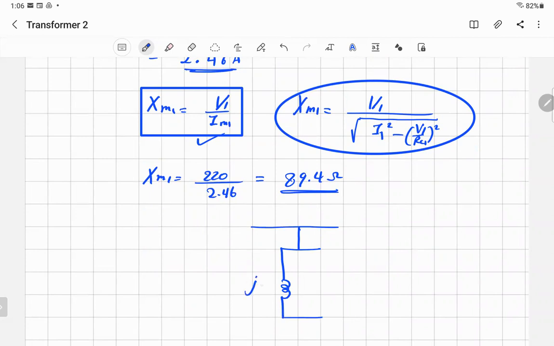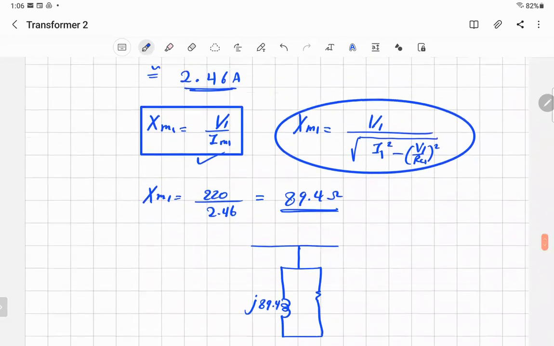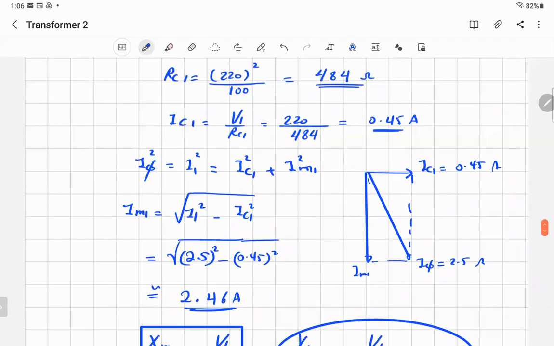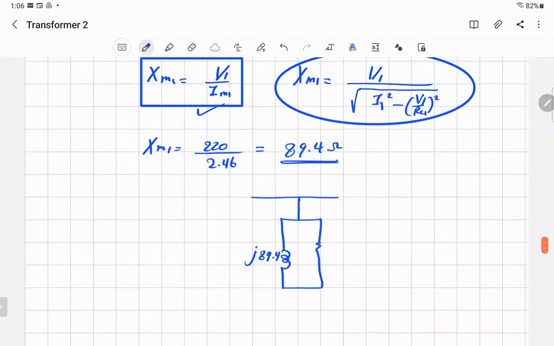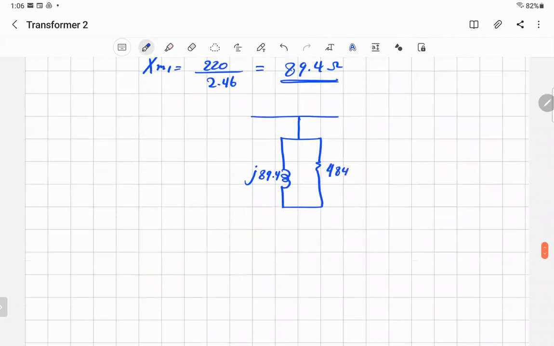It is equal to j89.4, and RC1 I just got, it was equal to 484 ohm. And that's all you need from this test to get this branch. Just as simple as it is.